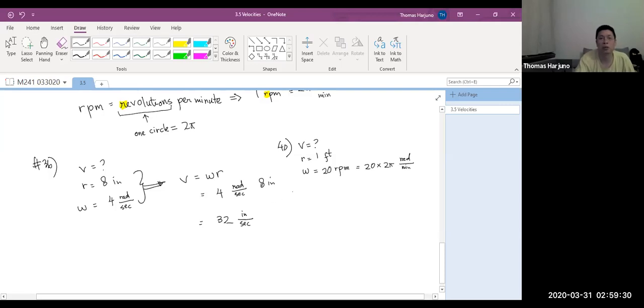So what is the linear velocity? The linear velocity will be omega times r, which is 40 pi radian per minute times 1 foot. That will be 40 pi feet per minute.